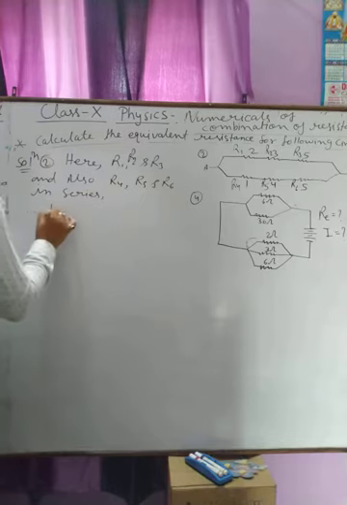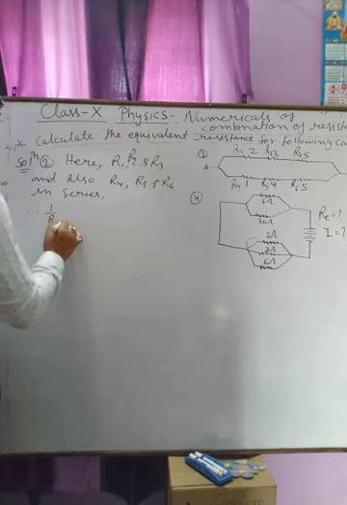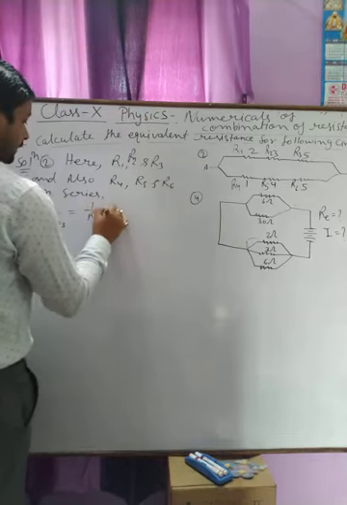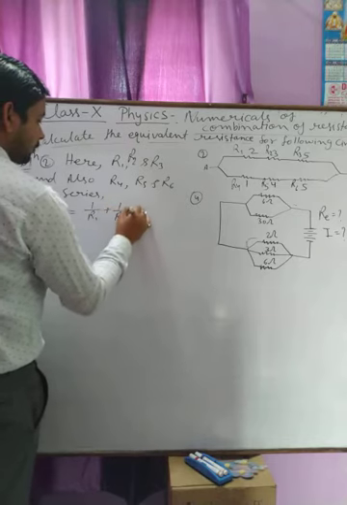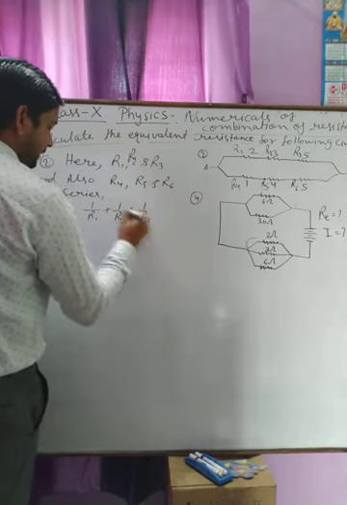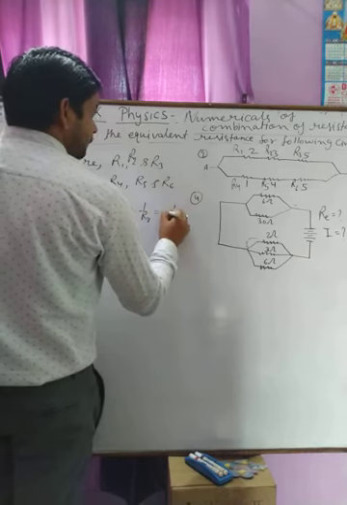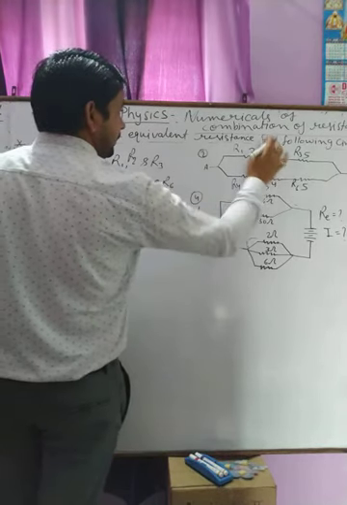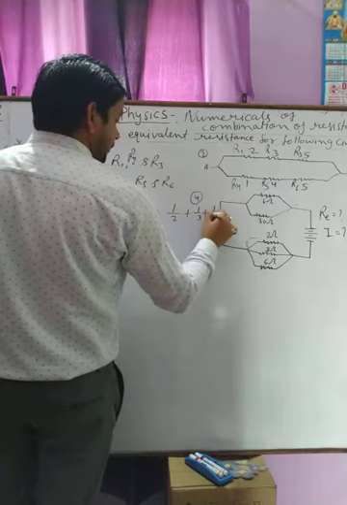Therefore, for R1, 2, 3: 1 upon R123 is equal to 1 upon R1, 1 upon R2, 1 upon R3, that is 1 upon 2, 1 upon 3 plus 1 upon 5.